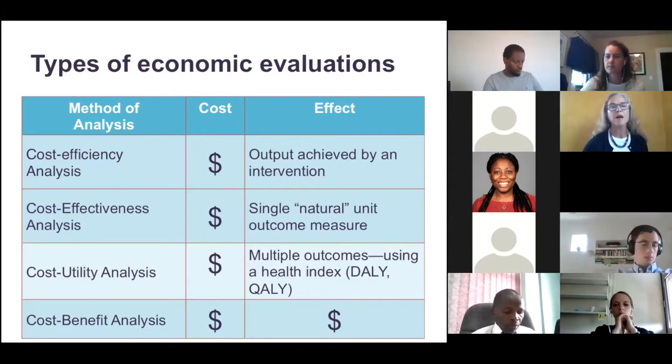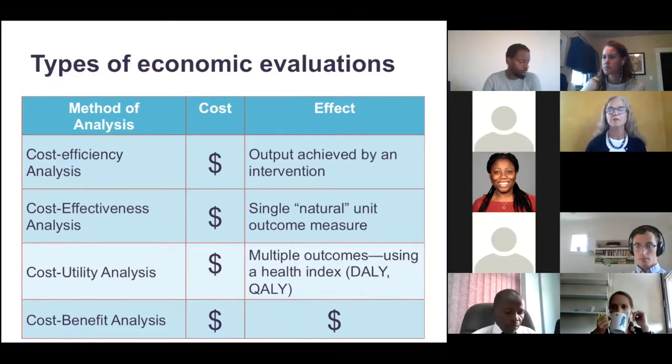The last method I'm going to speak about is cost-benefit analysis. This is a method in which both the costs and the effects are measured in dollar terms. In agriculture, cost-benefit analysis is used frequently, and so the value of the effect or the benefit might be an increase in yields and acreage that can be monetized. We can also think about using cost-benefit in large infrastructure projects, the benefits of investing in a hydroelectric dam.